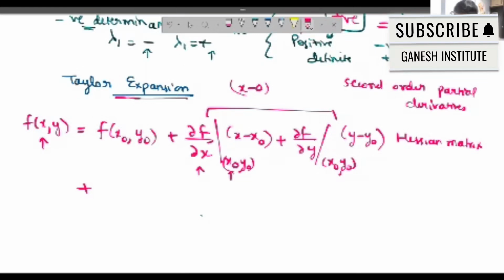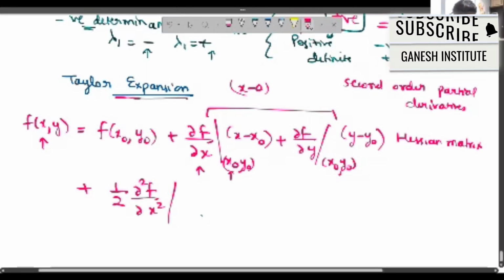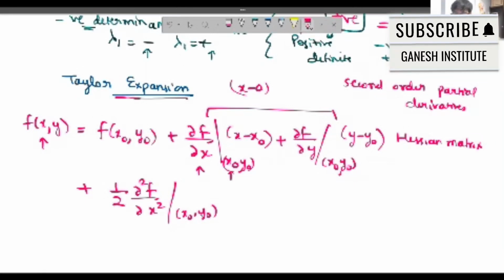Now in second order, you have to do half of double derivative of, it's because we have 2 factorial in denominator in the general form, right?